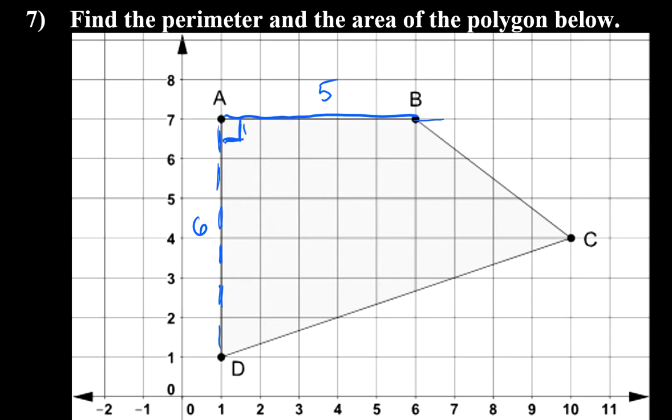I'm going to extend this over here and here and make a right triangle, because this piece from B to C is now the hypotenuse of that right triangle. I can definitely figure out that length. The horizontal piece is 4 units long. The vertical piece is 3 units long. So I have a right triangle that has sides 3 and 4.